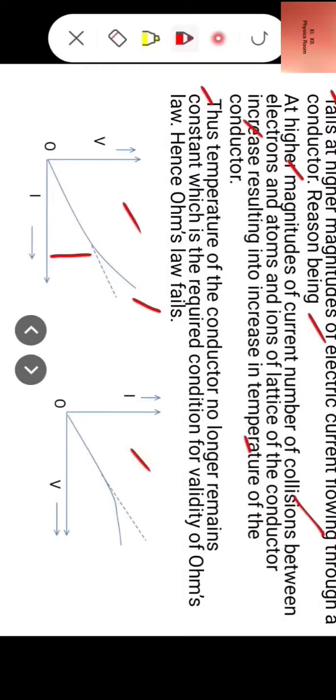Here in the second graph, it is IV graph, where you can see that law is obeyed up to this point, and beyond this the IV graph is no longer a straight line, but it is a curved line. So this shows that Ohm's law at higher magnitudes of current fails.